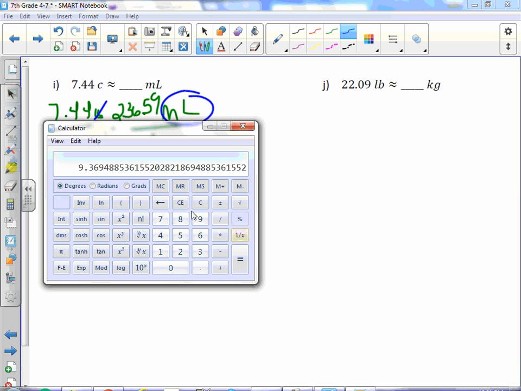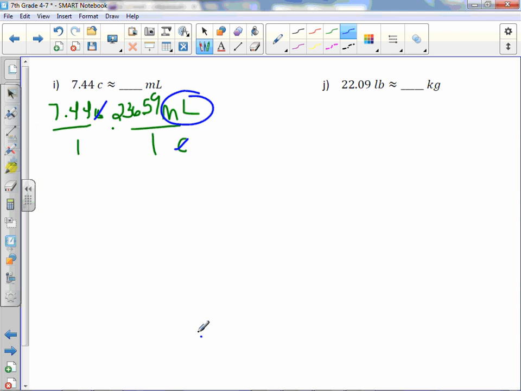Multiply your numerators. 7.44 times 236.59. And you get 1,760.2296.